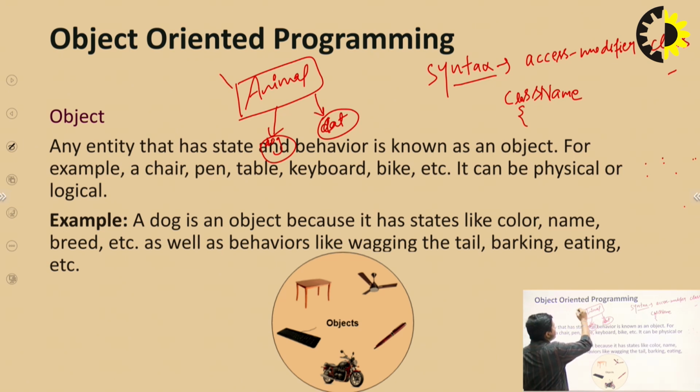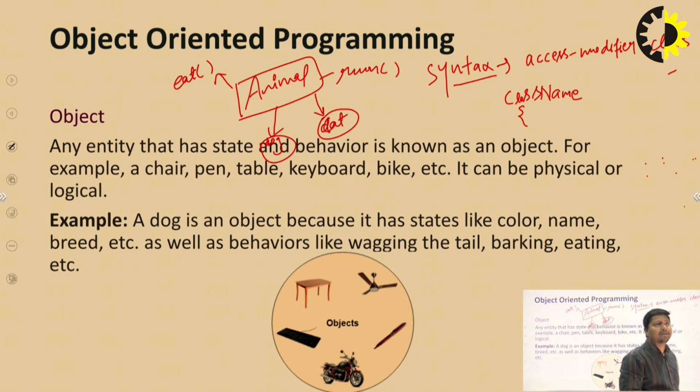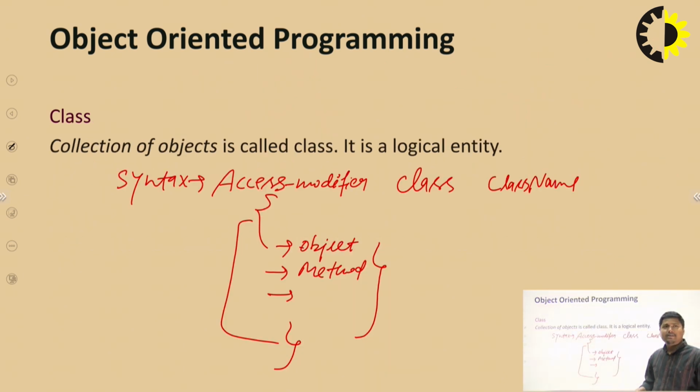And what are the methods? Animal can eat, and animal can run. These are the methods, and methods and objects we will write in the class.